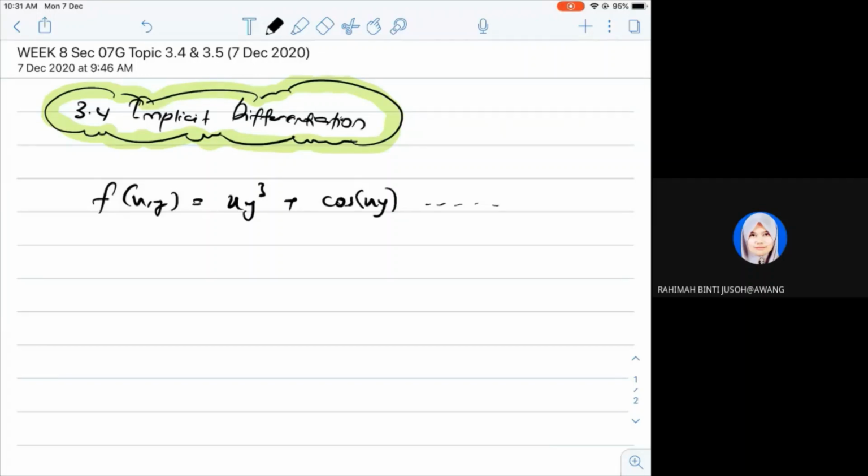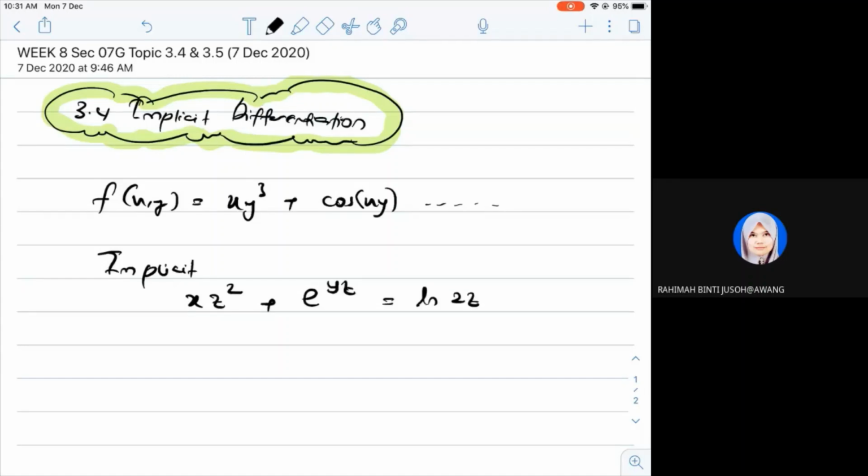But now for this case, for implicit differentiation, you will have something like this. Let's say we have x z squared plus e to the power yz equals ln 2z. If you look at this equation, z is in the equation itself. It is not separate like this.